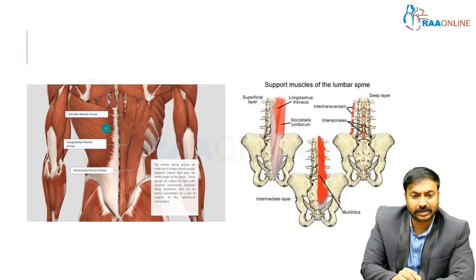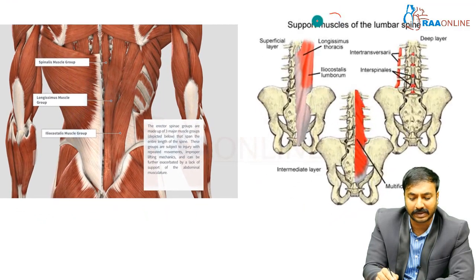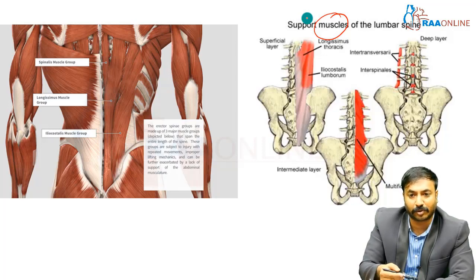The disc and the vertebral body are the primary supporting measures of your spine. What are the secondary supporting measures? The secondary supporting measures of the spine are the muscles. If your abdominal core muscles are strong and the back muscles are strong, you can delay your degenerative process because the loading of the spine reduces thereby.